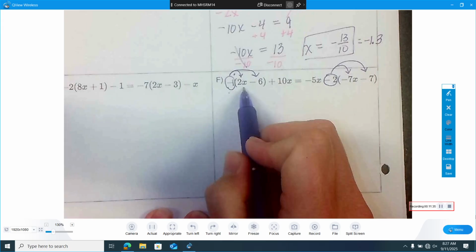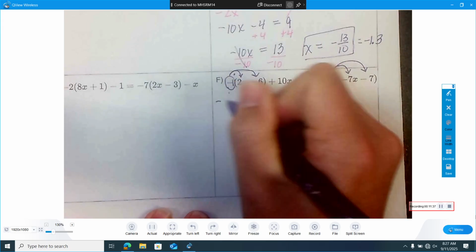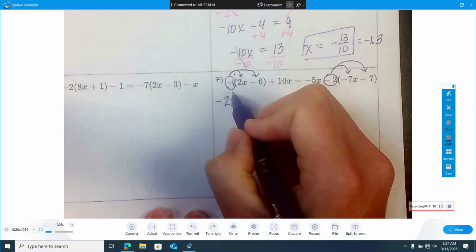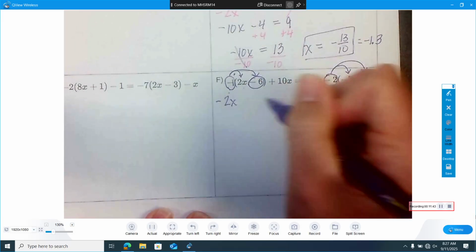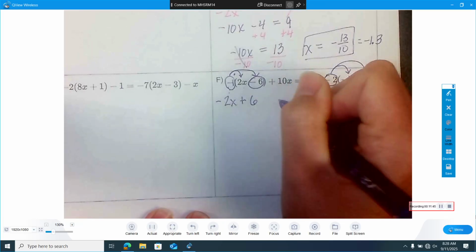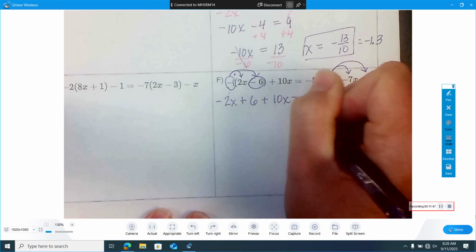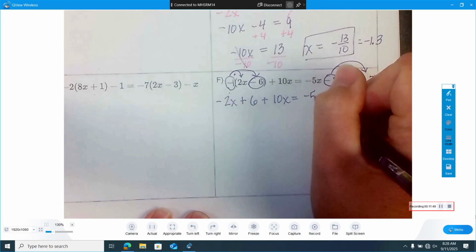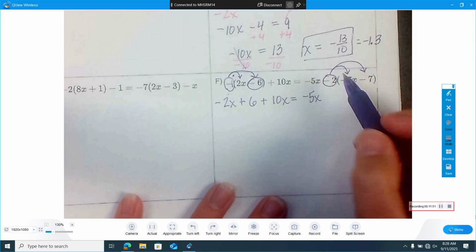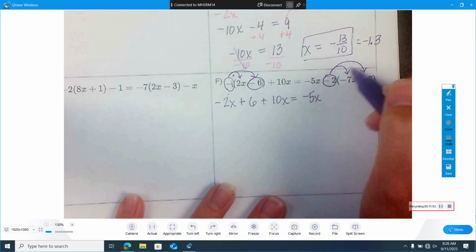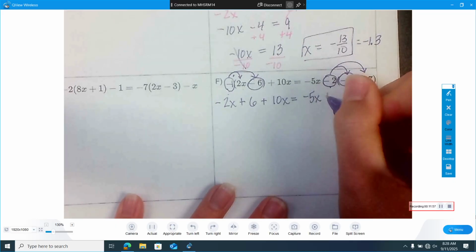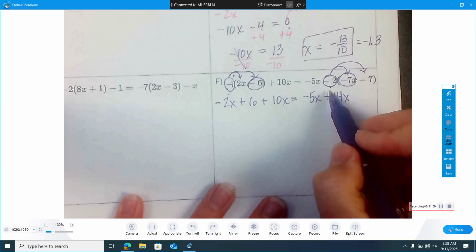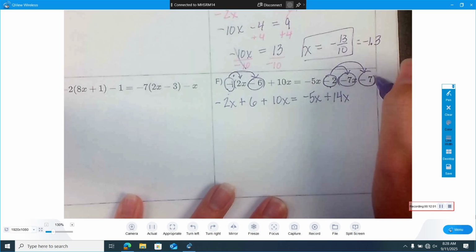So -1 times 2x. -2x, good. Then I have -1 times -6, which is +6, plus the 10x equals a -5x, and now I distribute. Good. -2 times -7x is +14x, and -2 times -7 is +14.